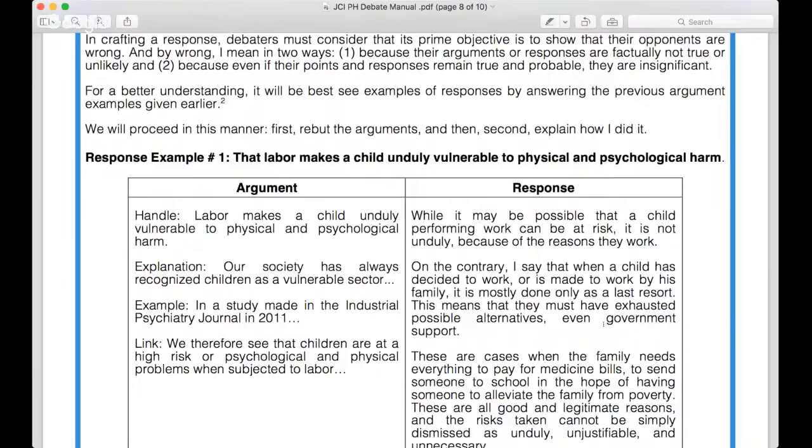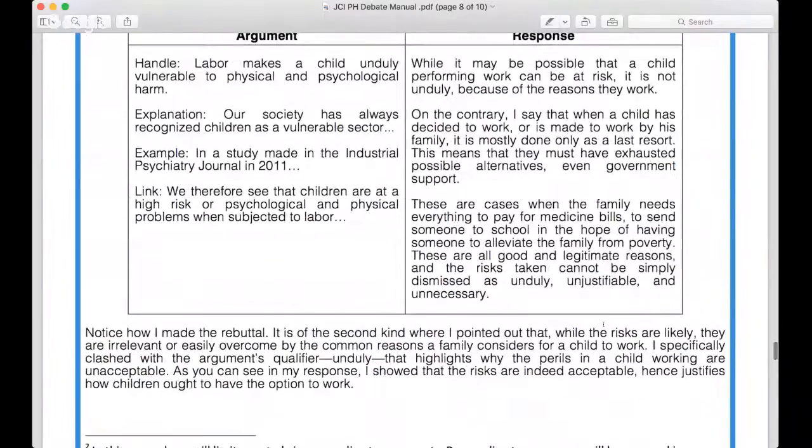One way to respond is to show that this isn't necessarily true. You can analyze that the reason children are doing child labor is because it's really necessary, because the family has already exhausted all other options for labor.